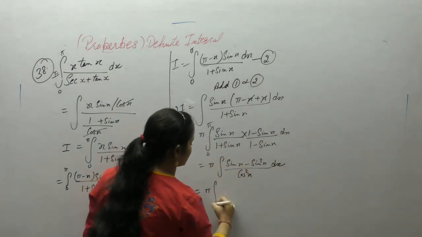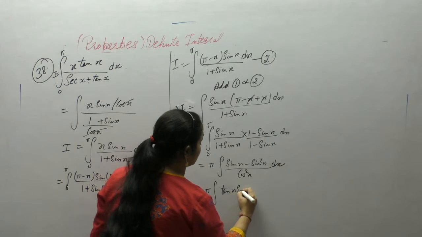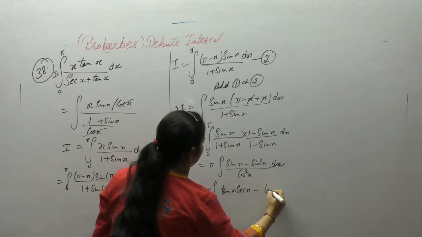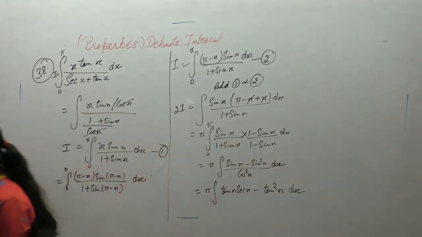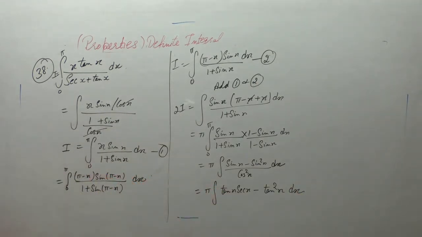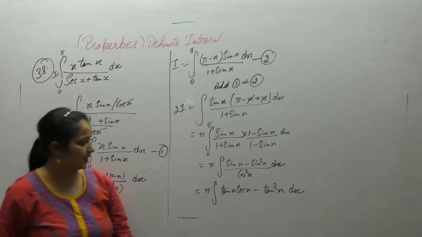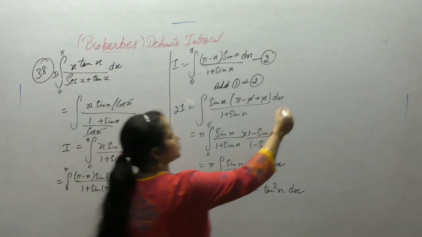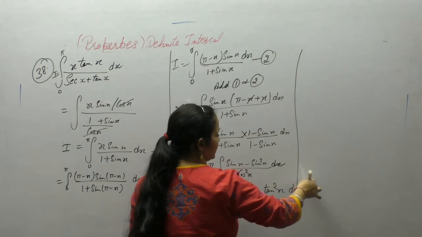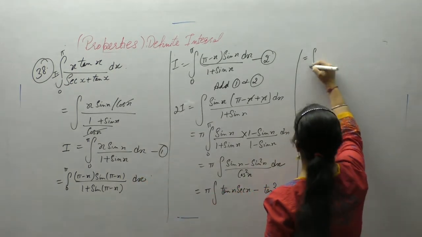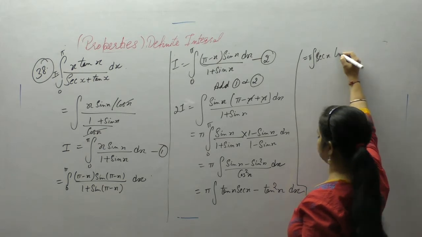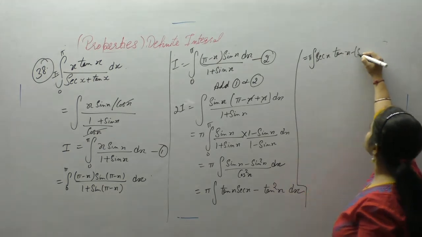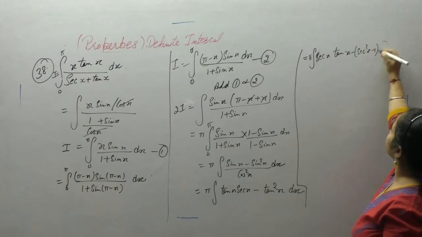Sine upon cos is tan, sec x tan x, and sine square upon cos square is tan square. Now we don't have the direct formula for integral of tan square x. So instead of tan square x, we use the identity sec square x minus 1. Sec x tan x minus sec square x minus 1.